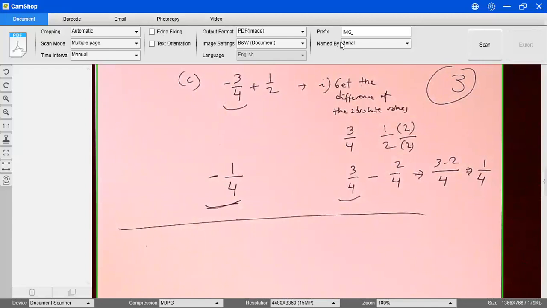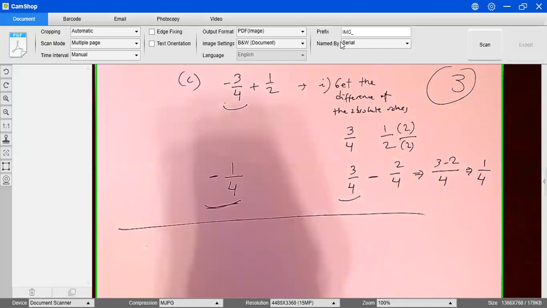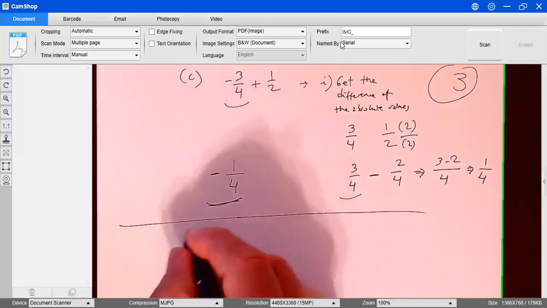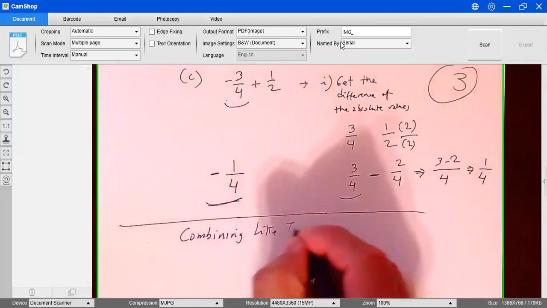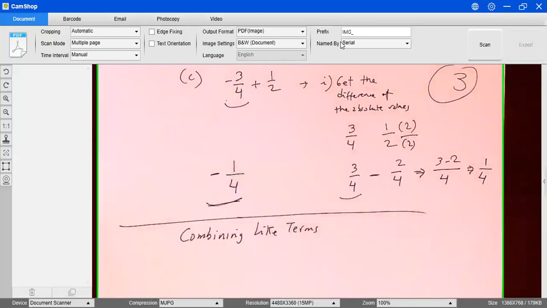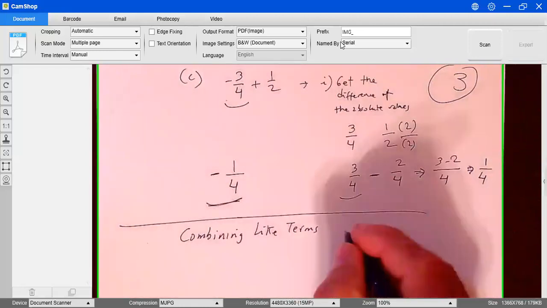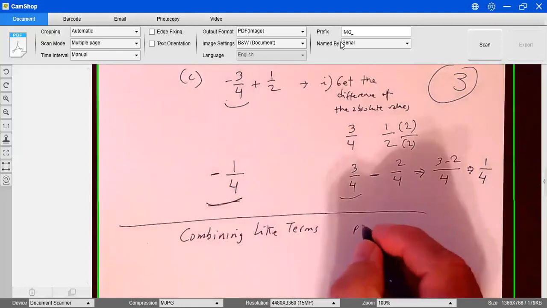So now let's check what is going to be the next thing that we're going to do. We're going to work now. We're going to combine like terms. So remember, when combining like terms, this is going to be on page 60.